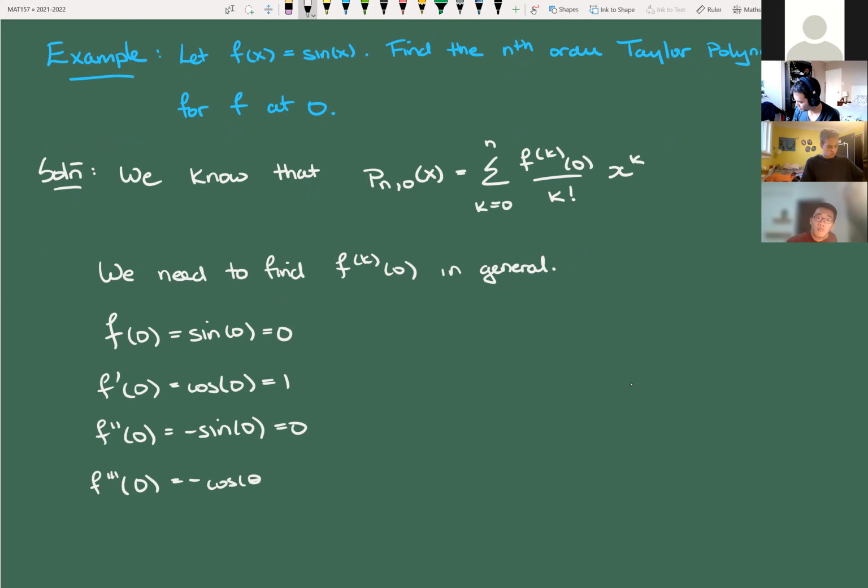That's at 0, that's going to be negative 1. And then the pattern repeats, right? Like the derivative of negative cos is sine, and then we restart, right? We have this fourfold periodicity in the derivatives, right? So then repeat.